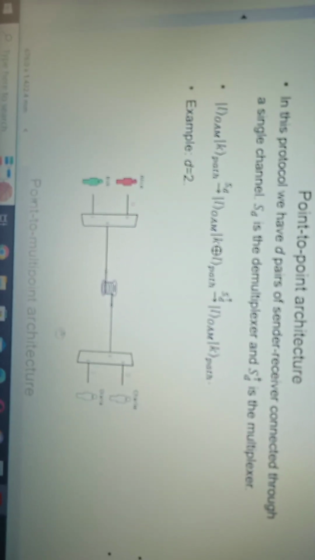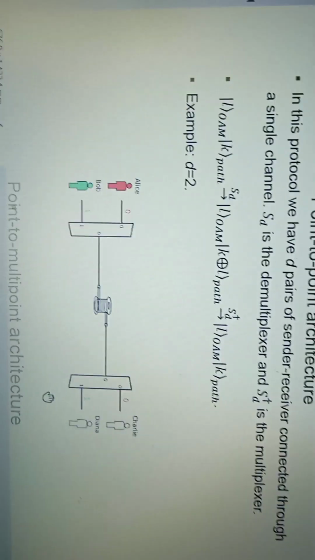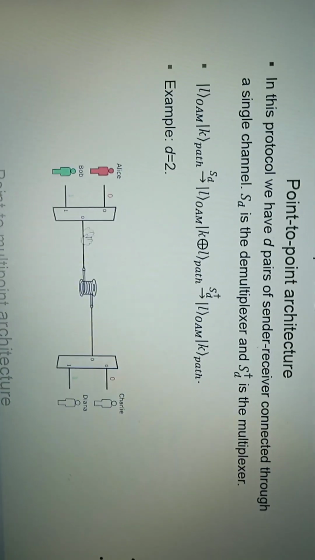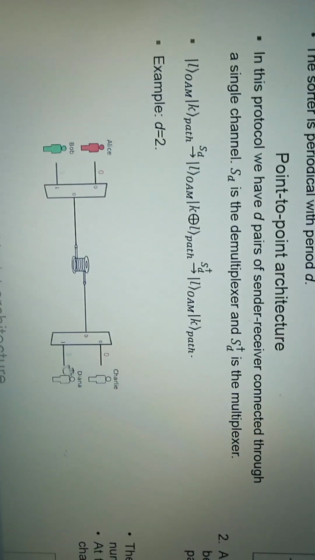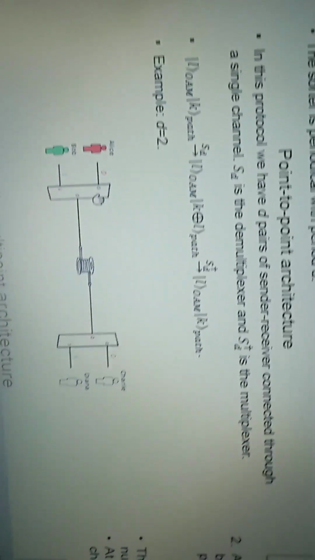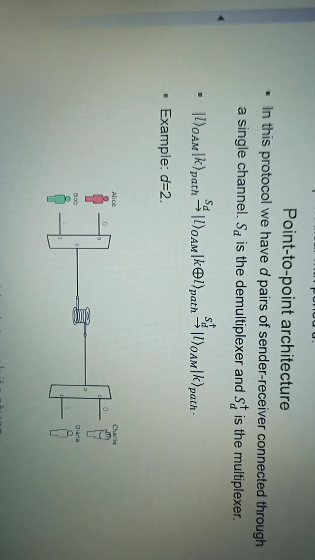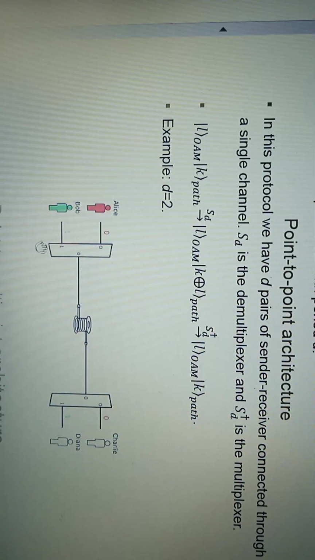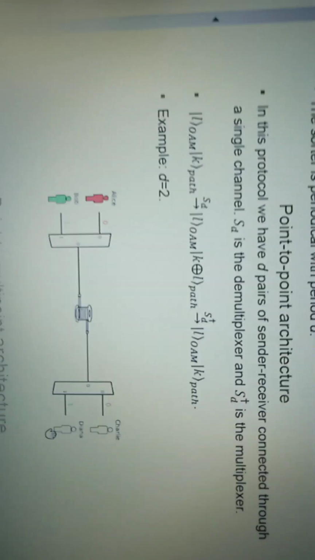And here I show you an example for D equals 2. We have two senders and two receivers. So here Alice uses 0 OAM to communicate with Charlie, and Bob uses 1 OAM to communicate with Diana.